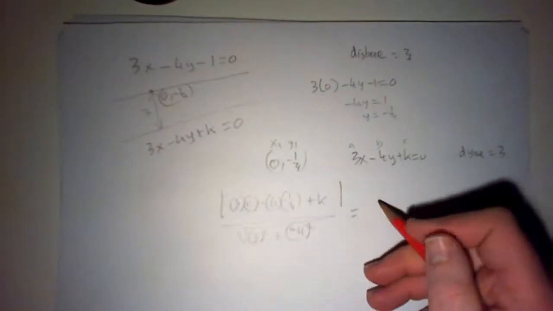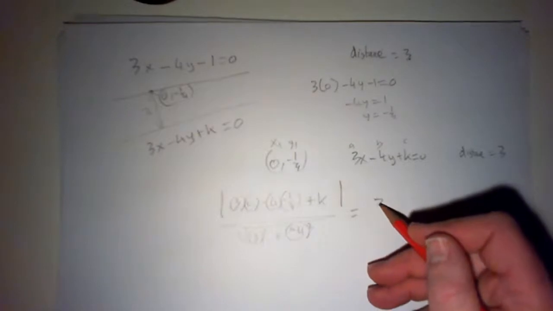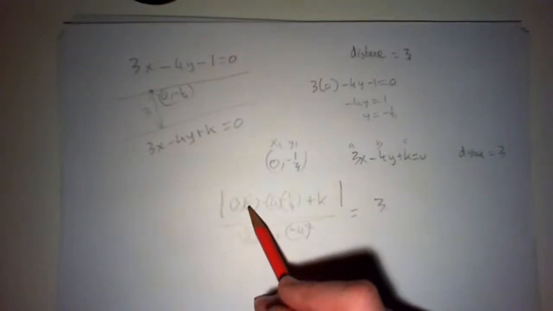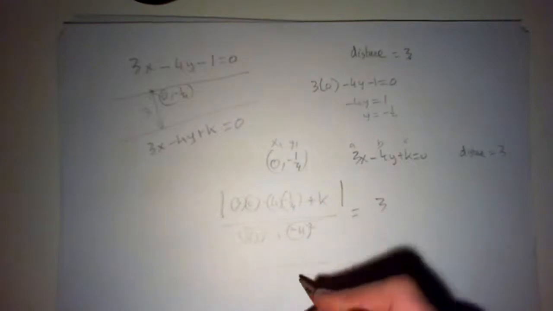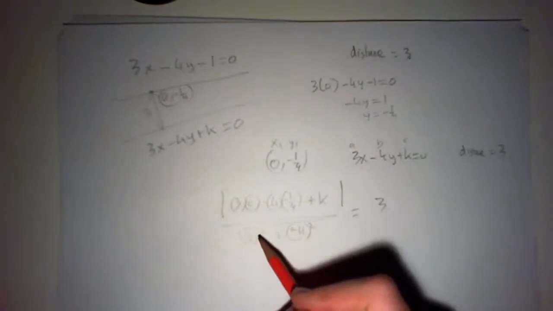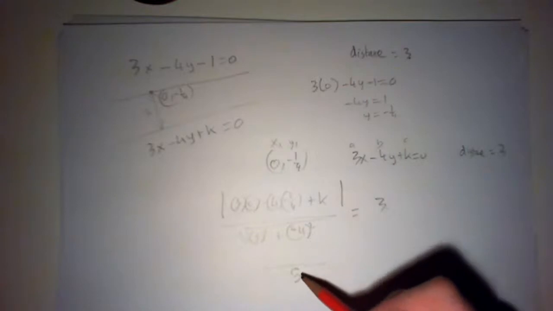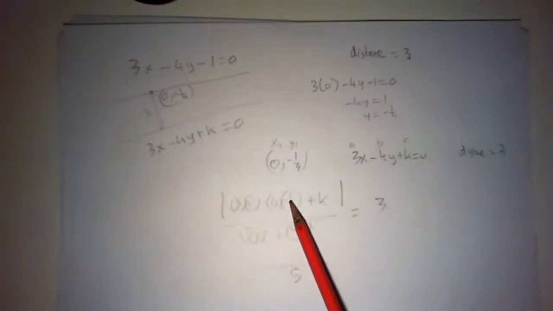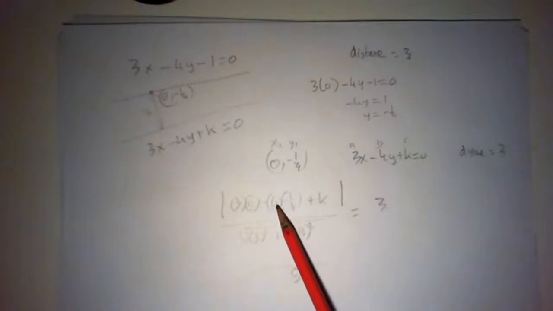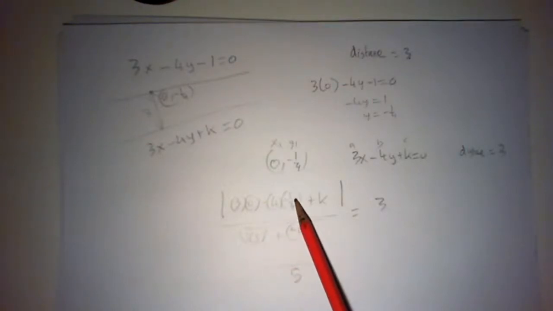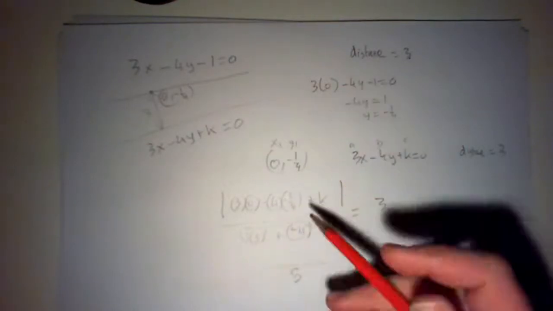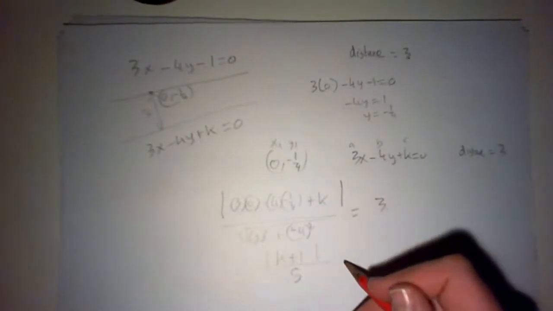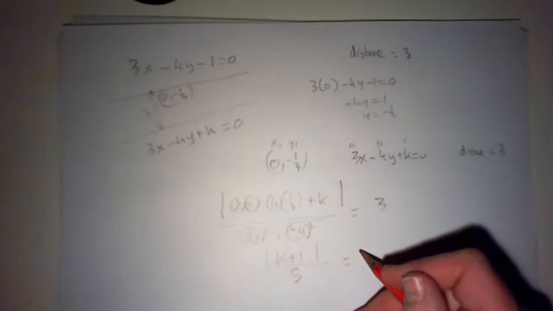And that answer has to be equal to 3. Okay, so 3 times 0 is 0. We know the bottom of this fraction is 5. We've done that one before. 9 plus 16 is 25, square root of 25 is 5. So 3 times 0 is 0. Sorry, that's a minus 4 times a minus quarter. That's a plus 1. So we have k plus 1, and the absolute value of that over 5 is equal to 3.